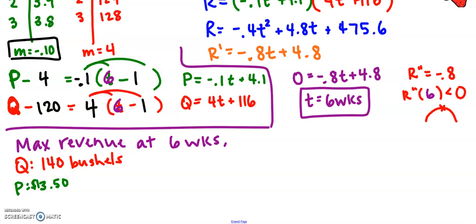So I'm selling 140 bushels at $3.50. My actual revenue is going to be equal to $490 if you multiply 140 times 350. $490 is what I'm going to be bringing in.